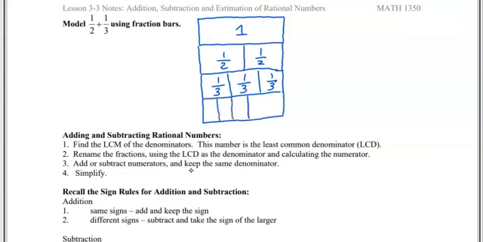It's pretty easy to get your pieces the correct size if you've drawn your lines even somewhat the size that they should be. So this is how I want you to model this on your test, because we can't pull those pieces over like we can on that computer software.